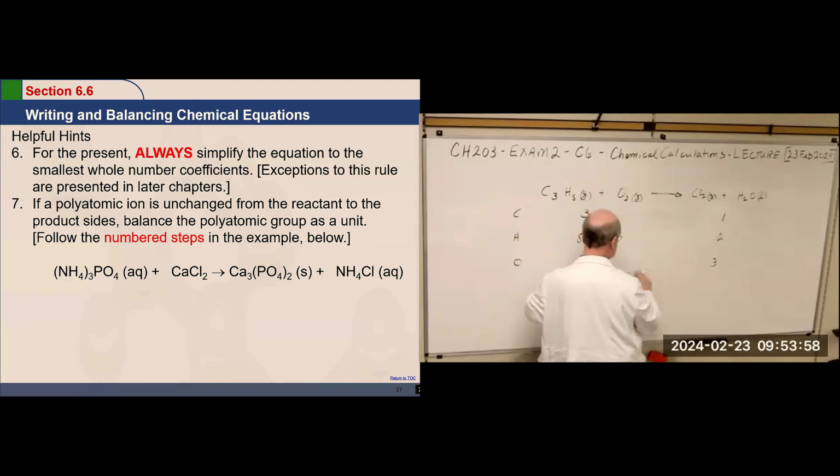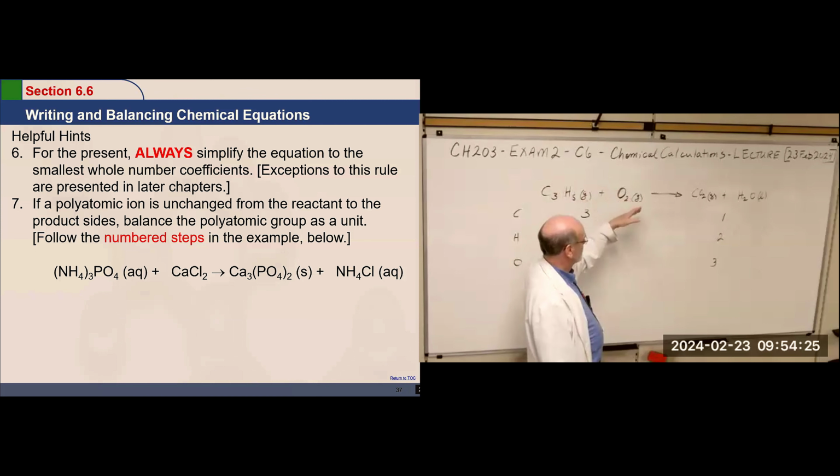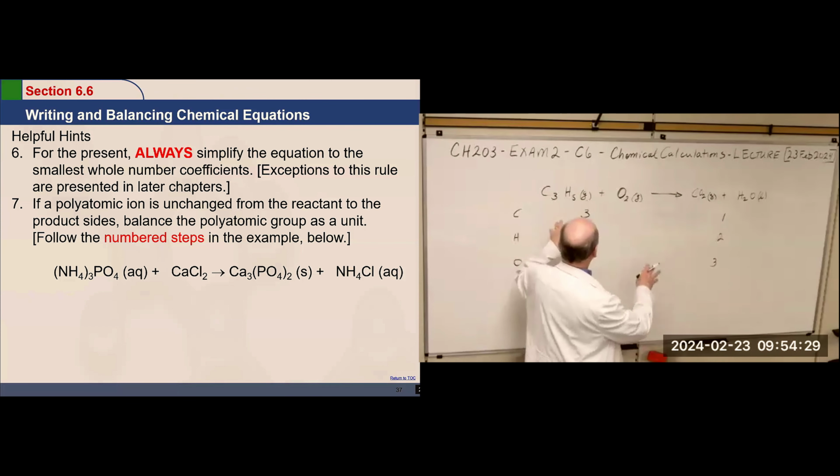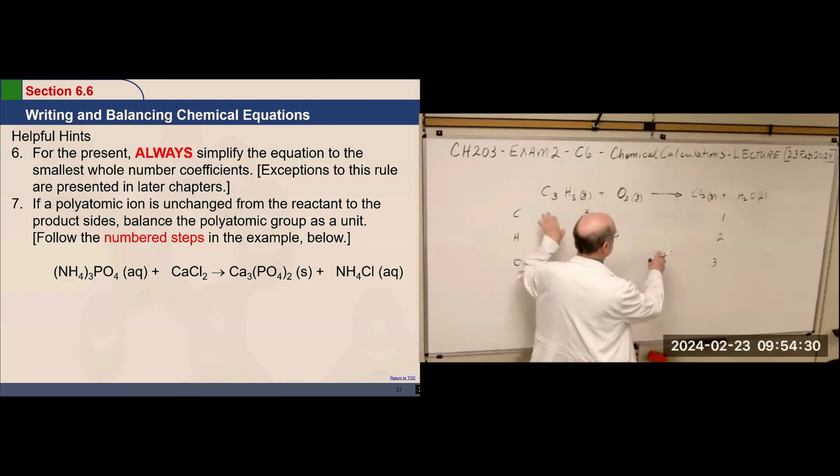If you do it early on, then you have to go back and change it again, because when you put a coefficient in front of these, it's going to change more than one element. And that sets you up to have to go somewhere else and change another one. So we save this one to last.